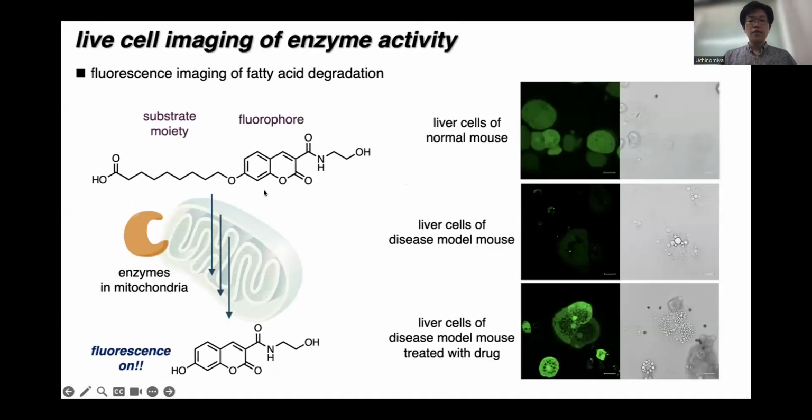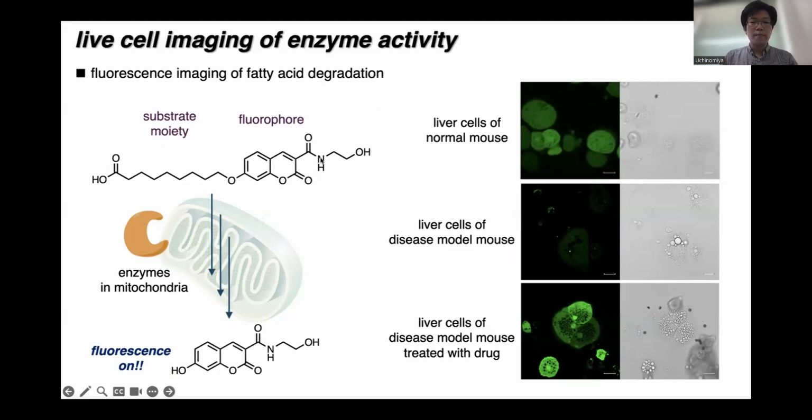Of course, fluorescence imaging of enzyme activity can also be achieved inside the cell. This is a fluorescent probe actually developed by myself, and it can detect the activity of the target enzyme in cells. For example, when we add the probe to cells from a normal mouse, the fluorescence is like this.